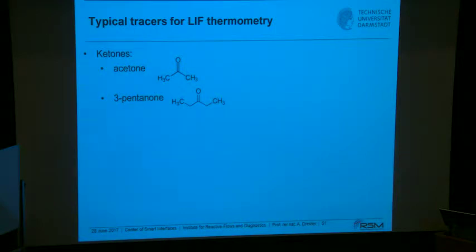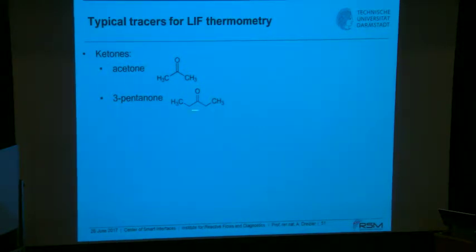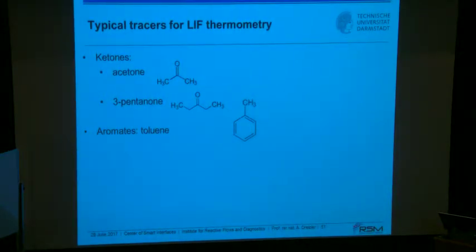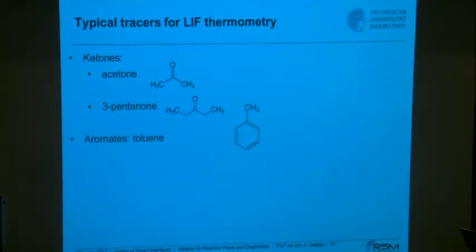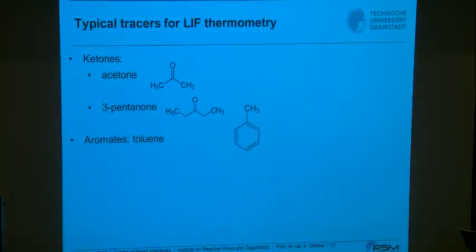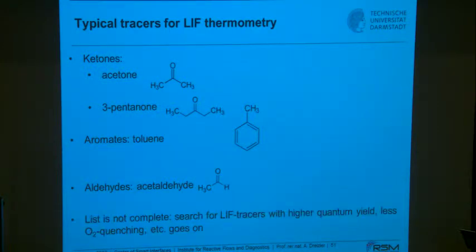To give you an overview of what people have used, very often ketones like acetone, or as well some people have used regularly 3-pentanone. In terms of aromatics, toluene has been used as a tracer. That will be discussed in some more detail, as well as aldehydes like acetaldehyde, but of course here the list is not complete.